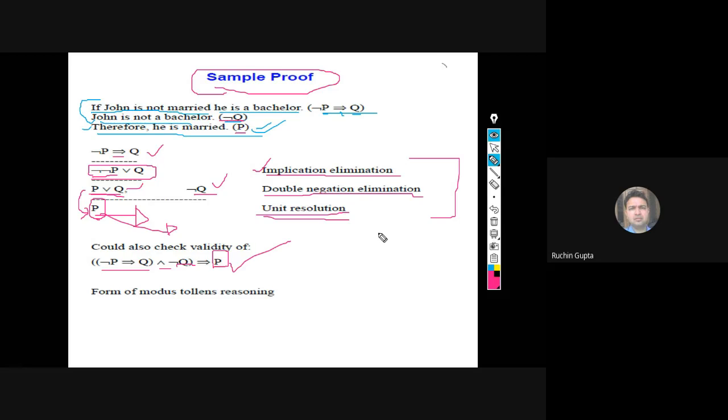So any doubt into this? Is there any doubt, anybody? No doubt? Yes, Rishi Mishra, any doubt?